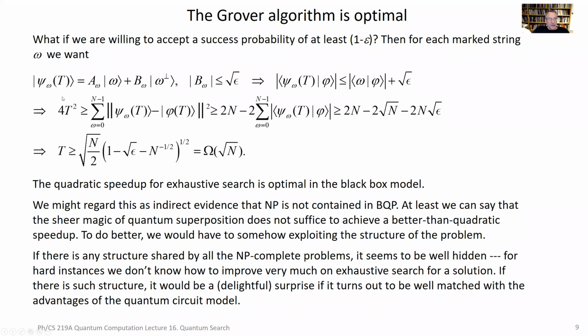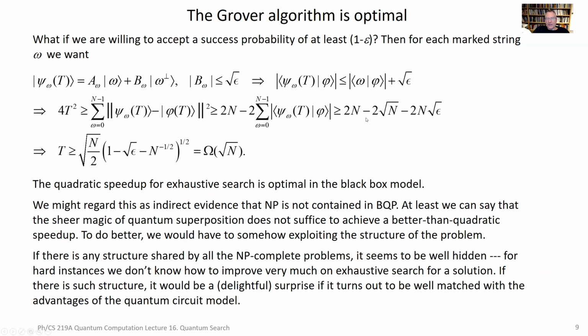We know that t squared is greater than or equal to this quantity. That's true no matter how many queries we have. But then I use this result to bound this, and I can just write this out like I did before as 2N minus 2 times, well, it's actually a bound, minus the absolute values of the inner products of the psi omegas with phi.